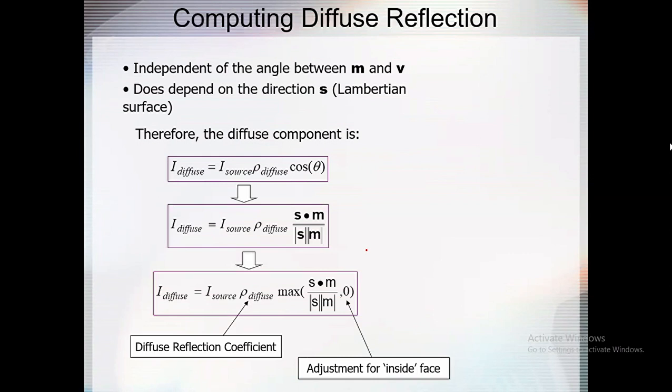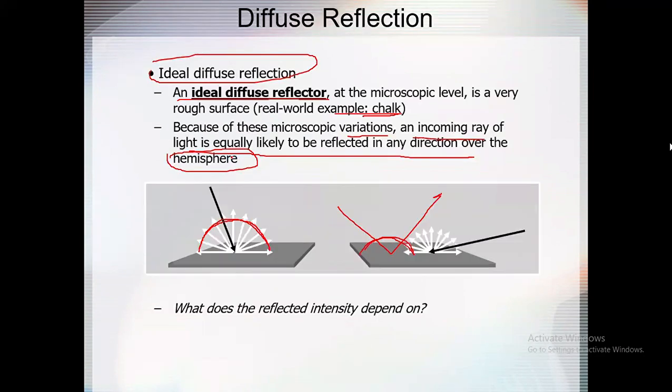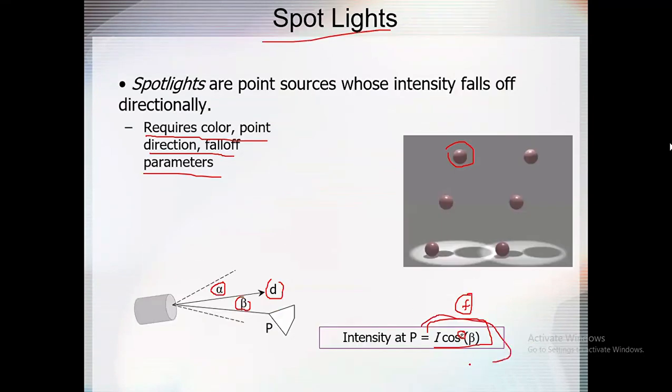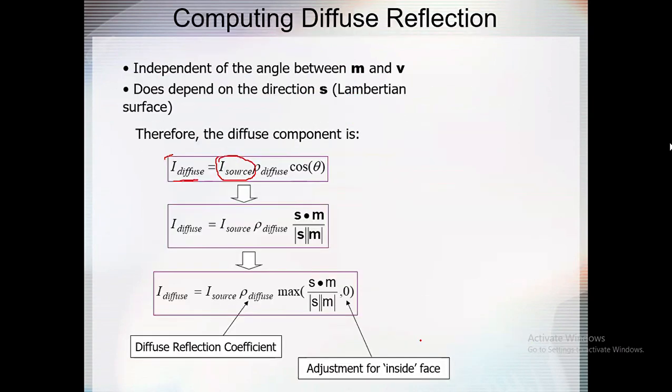Now, how to calculate the diffusive reflection? We have this I diffusive. We will calculate this I diffusive, and we have the I source. How to get that I source? In this way. Okay. And we have rho diffusive cos theta. So this is a vector dot product. So we have S and M. This is our dot product, and we need to take the max value of that. And this is a reflection coefficient.